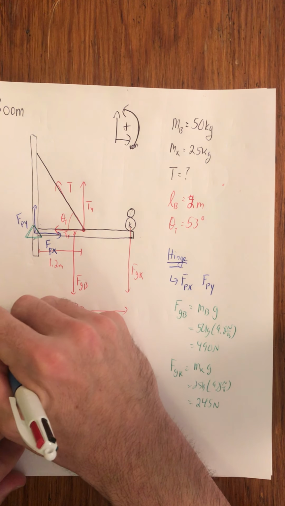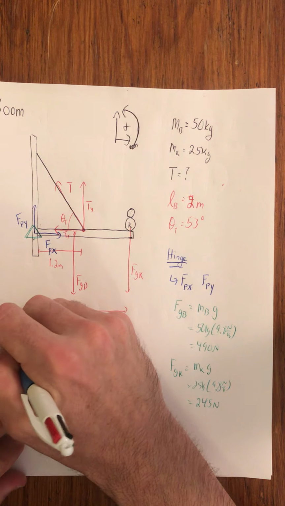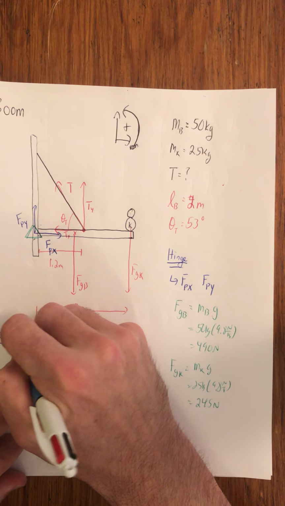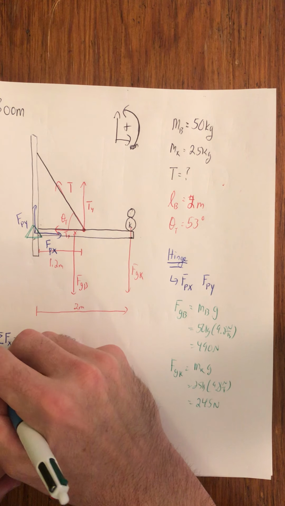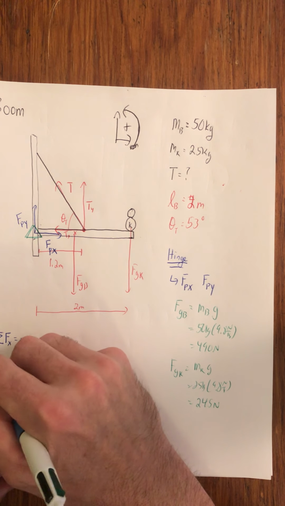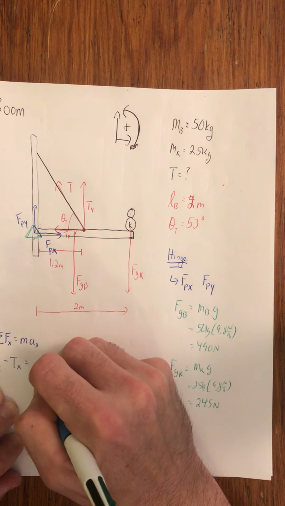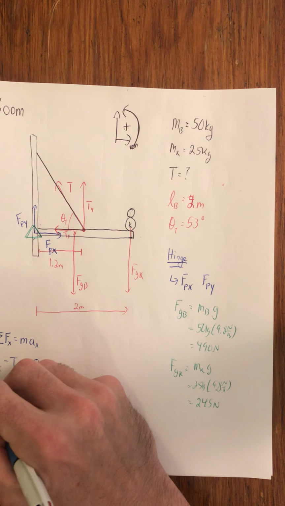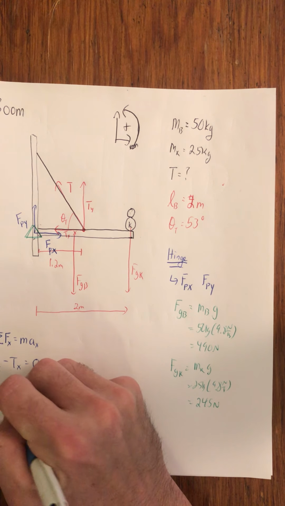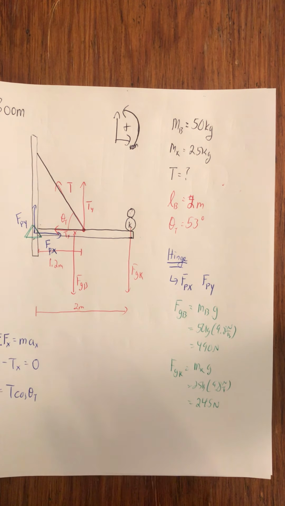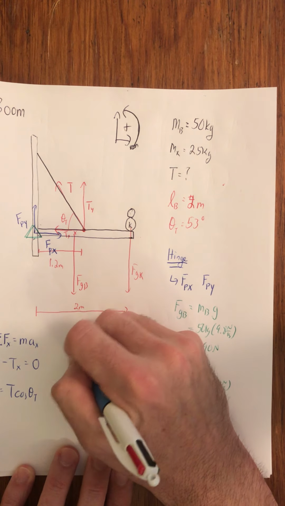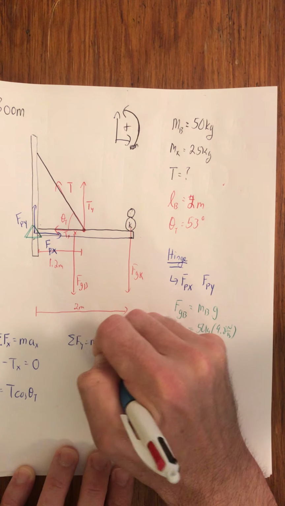All right, so what I always recommend here is do your sum of forces equations first. They're actually quicker and simpler in this, right? So sum of forces X, MAX. And so if I look here, I've got FPX minus TX is equal to 0, or FPX is equal to T cosine theta T, right? And then sum of forces Y is equal to MAY.